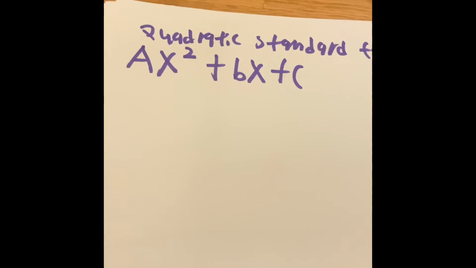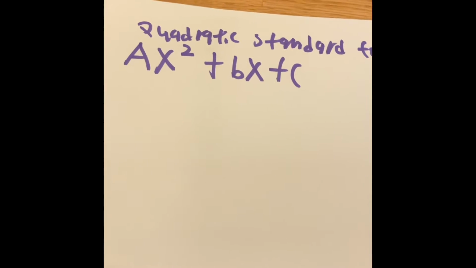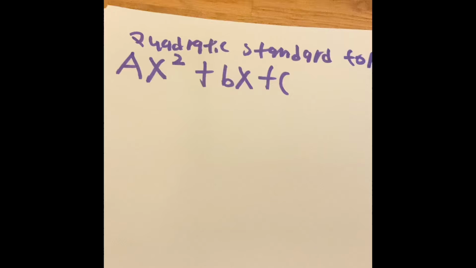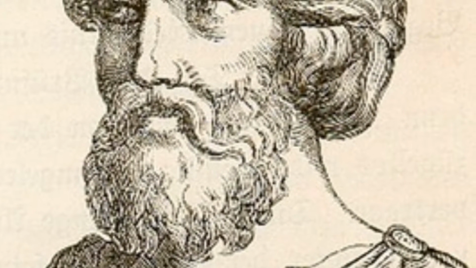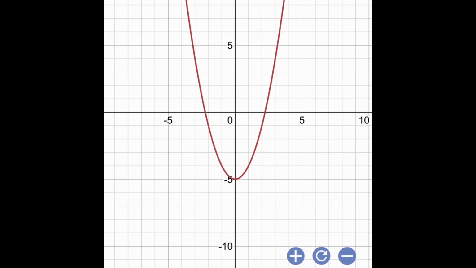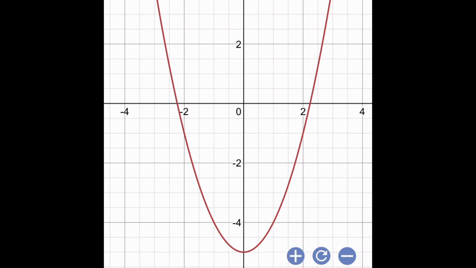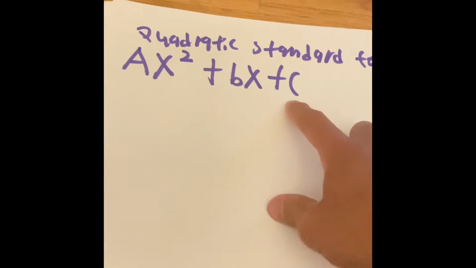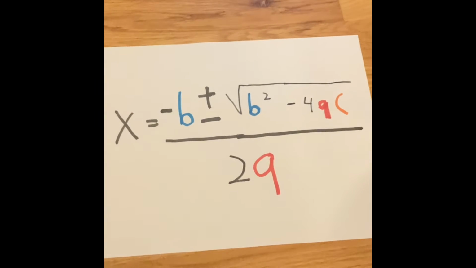Mathematicians in the 1500s, one of them named Simon Stevin, wondered, wait, if completing the square finds two x values, the x-intercepts, why can't we rearrange this quadratic standard form equation and turn it into something where x would be equal to something?